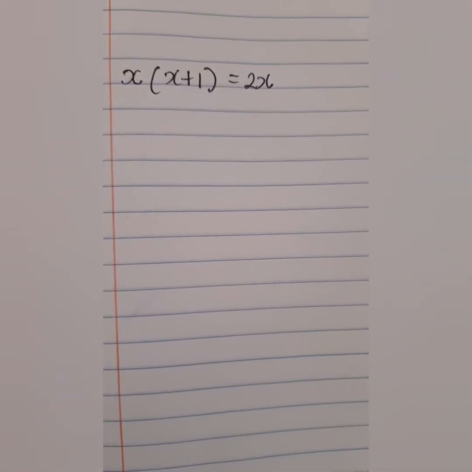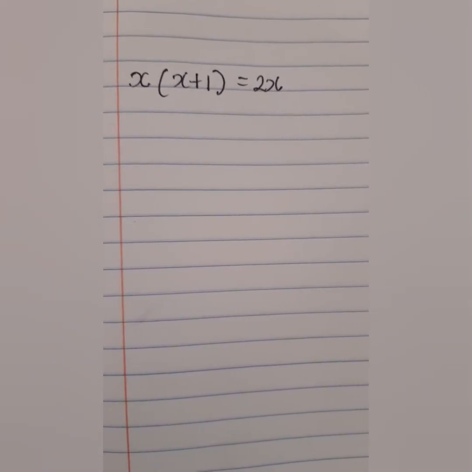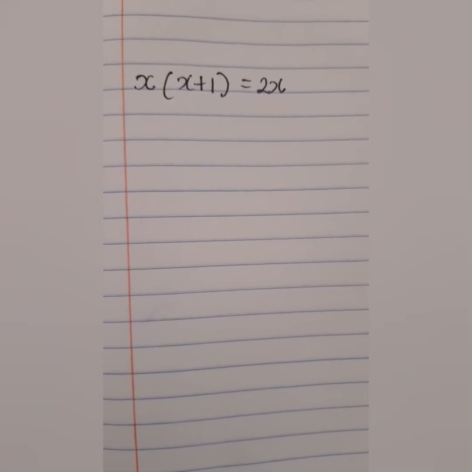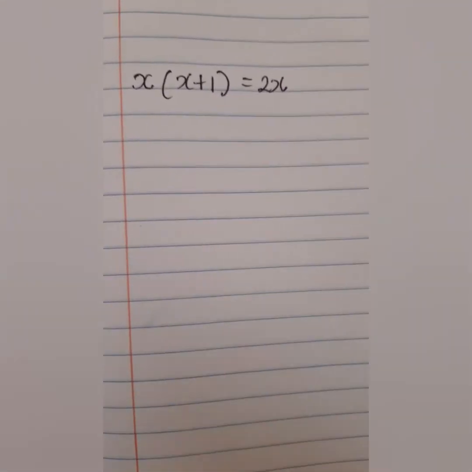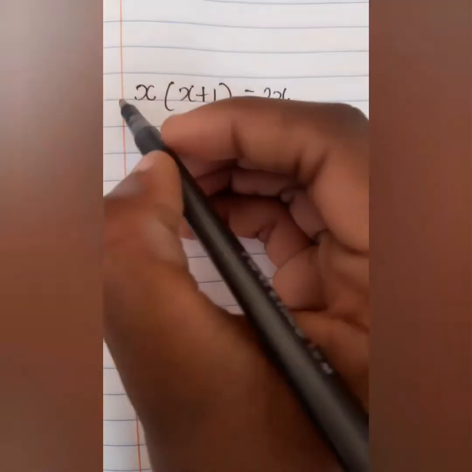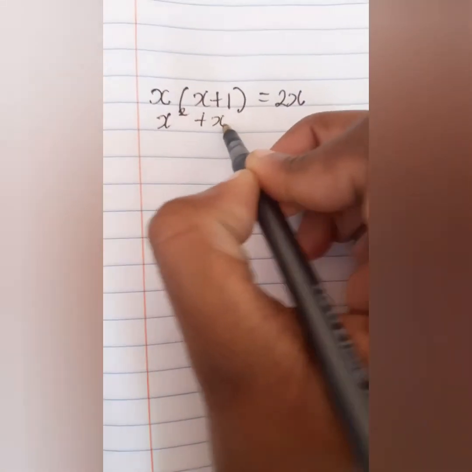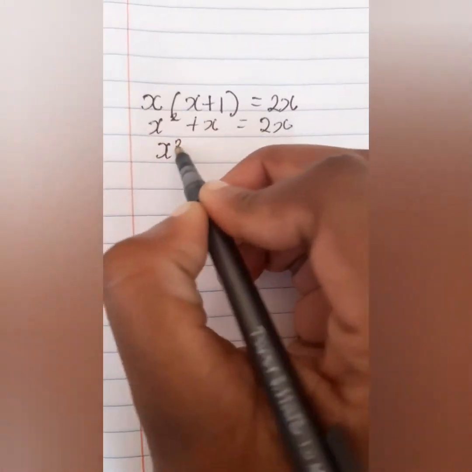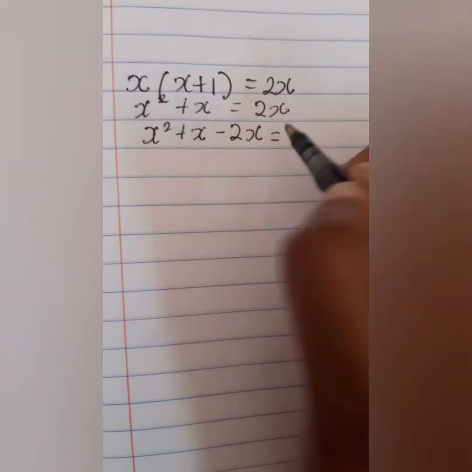Right, so feel free to pause the video and try this on your own. Remember, it is easy. You just need to follow what you have learned and you'll be good. Alright, so here we have this. We just work what's in the bracket first. So we end up with x squared plus x is equal to 2x. So we have x squared plus x minus 2x equals 0.